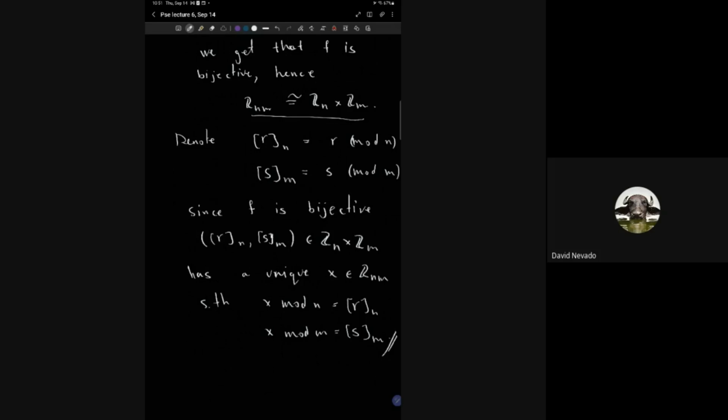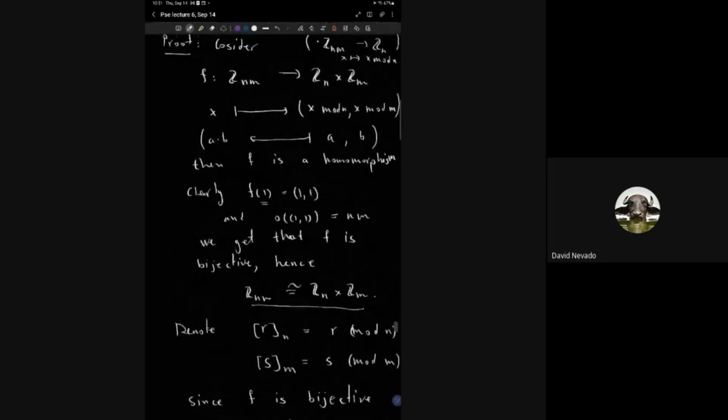We defined concretely the f, going from Cnm to Cn times Cm. But the other way around is a little bit more tricky, right? Because what we put two lines down in parentheses, that's not the inverse of f, right?